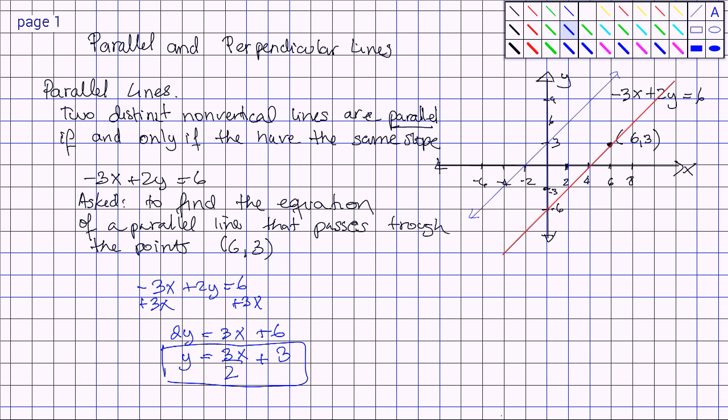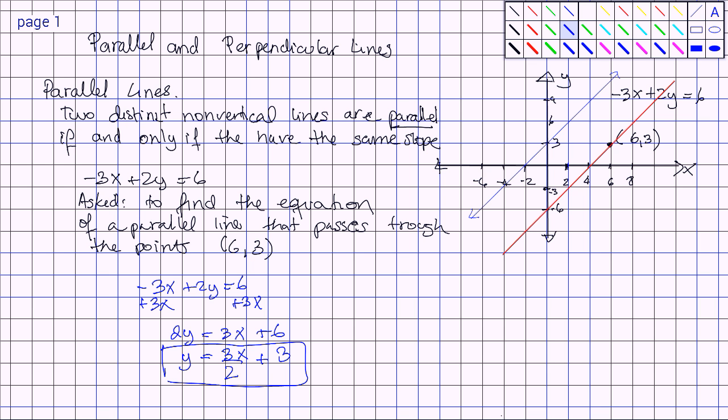The next thing that we want to do is, how do we find the equation that is parallel, that's passing through the point (6, 3)? You may want to use the point-slope form that we learned in a previous lesson.